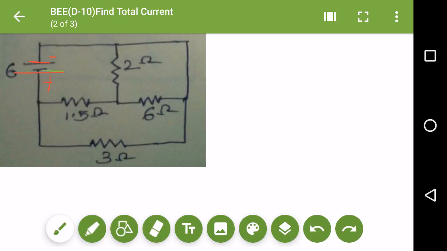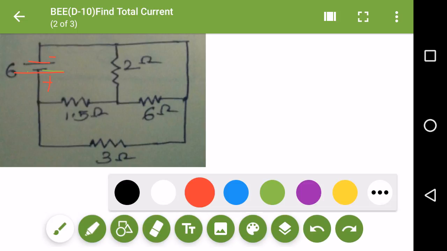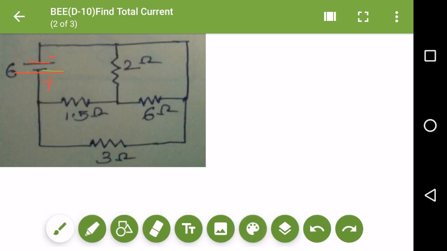We need to find just the total resistance of the circuit. It is so simple to find. We just start combining the individual resistances, and we will form one big resistance. The first thing I will start from is the 2 and 6 ohm resistances over here.